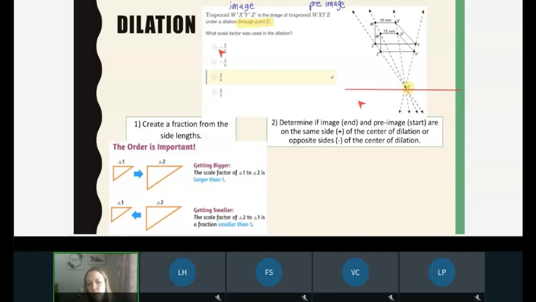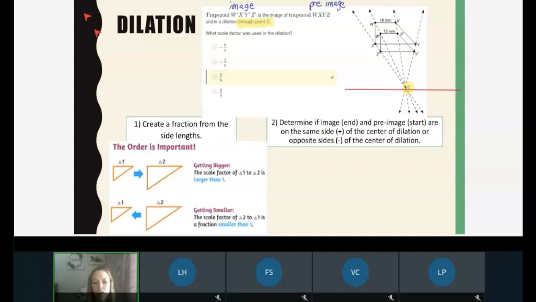So the negative in a dilation is not like a traditional number scale. It doesn't mean that the negative 6/5 is down in the negative number line. The negative has to do with whether it is on the same side of the center of dilation or on different sides. Positive means it's on the same side, negative means it's on opposite sides.